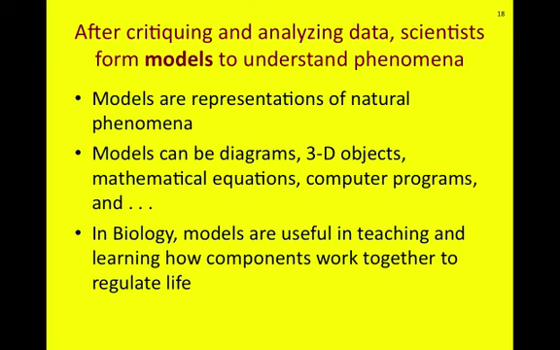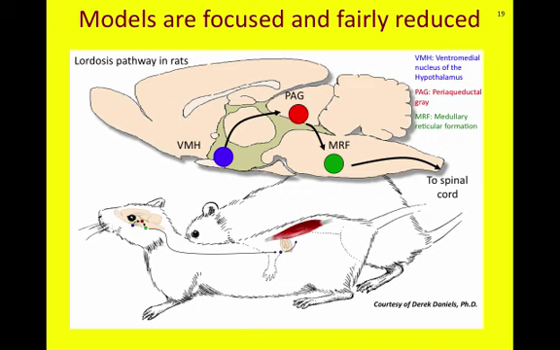In biology, models are very useful in teaching and learning how components work together to regulate life. I'll give you a quick example of a model that I studied a lot while I worked to obtain my PhD. I studied female sexual behavior, and one classic stance of receptive females was this behavior called lordosis. And it's actually regulated by a set of neuronal cells that are part of this pathway that you can see here in the picture.